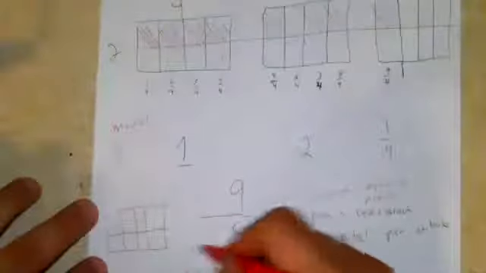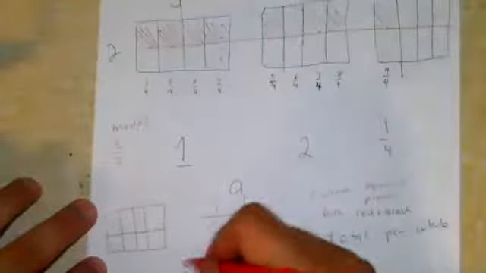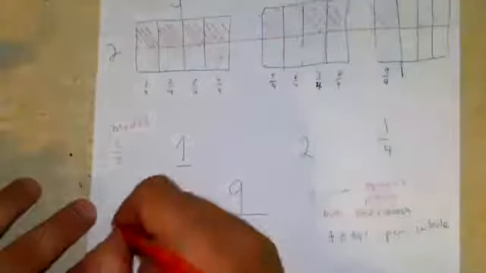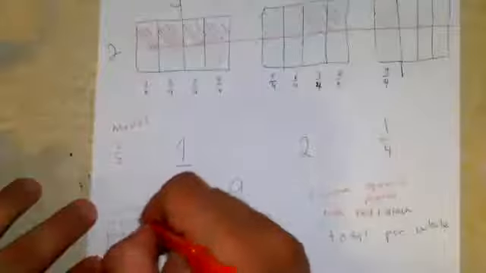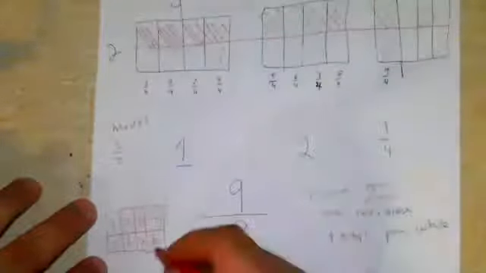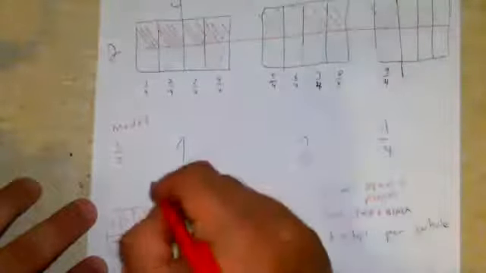Okay, and draw out one more 1/8. Now start putting 8s in here. 1, 2, 3, 4, 5, 6, 7, 8. Well, this represents what? 8 over 8 or 1.